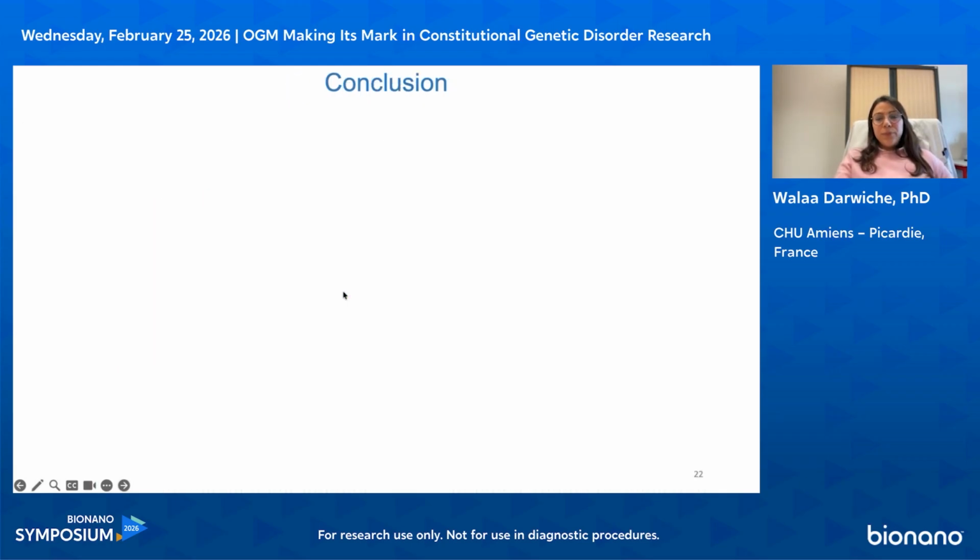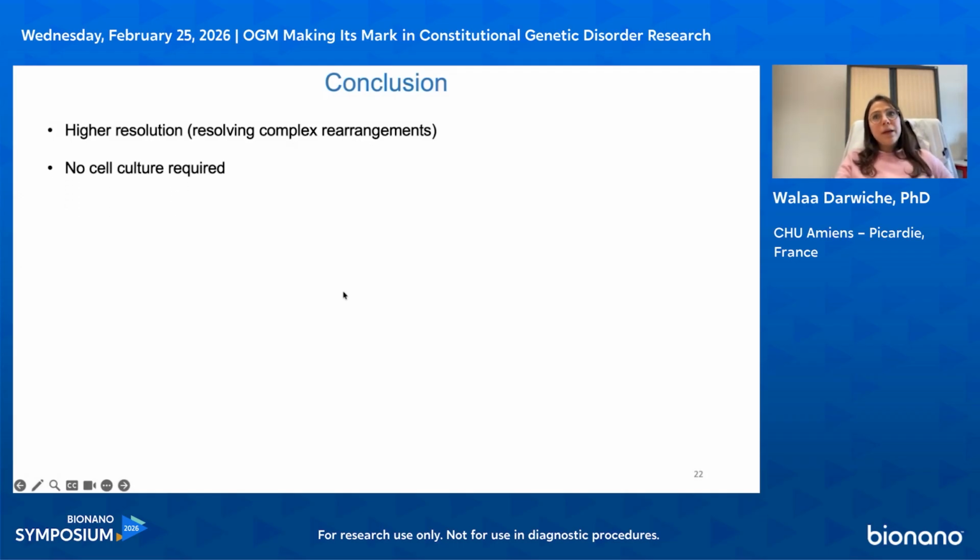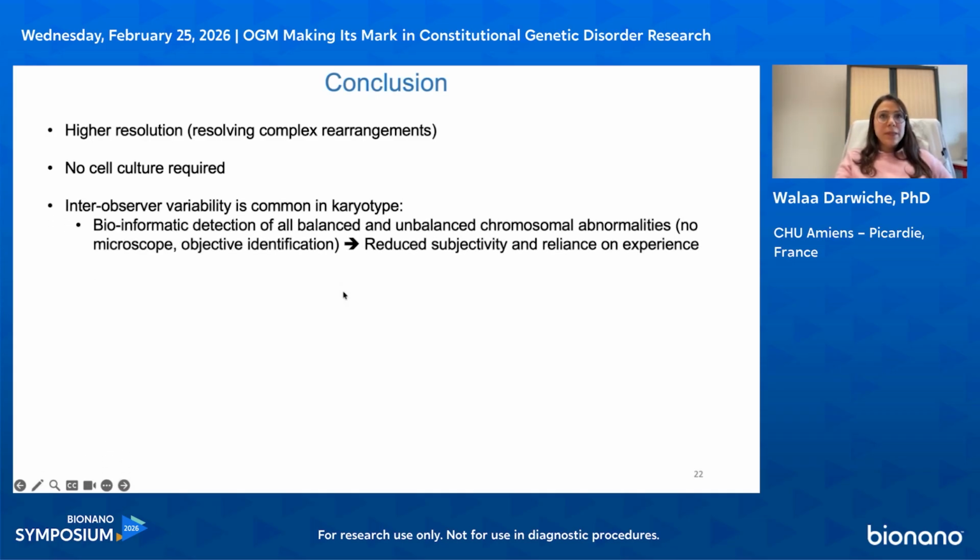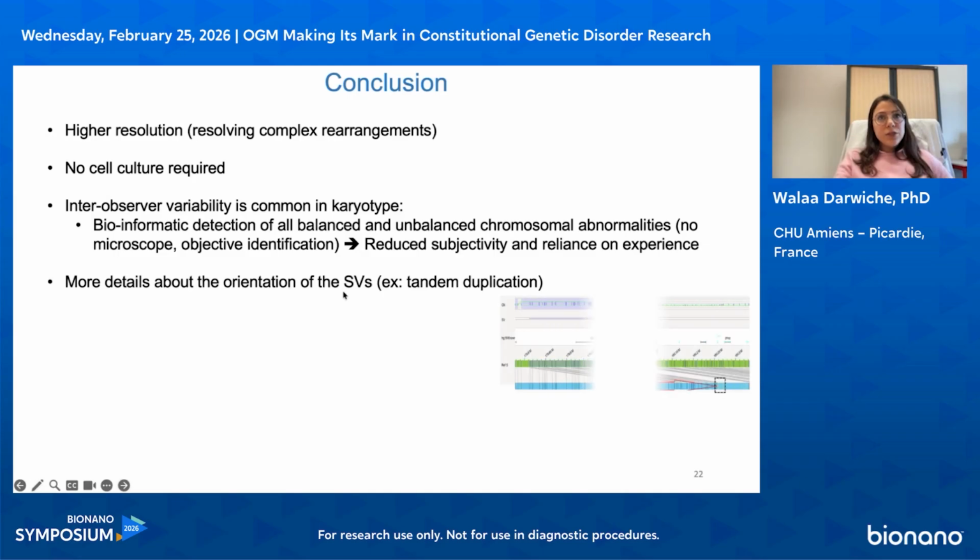In conclusion, optical genome mapping allows detection of genomic variations at much higher resolution than conventional cytogenetic techniques. It enables the resolution of complex chromosomal rearrangements, does not require cell culture, and eliminates inter-observer variability through automated bioinformatic analysis. Compared with chromosomal microarray analysis, OGM also provides additional structural information, such as distinguishing tandem duplications from inverted or mirror duplications.